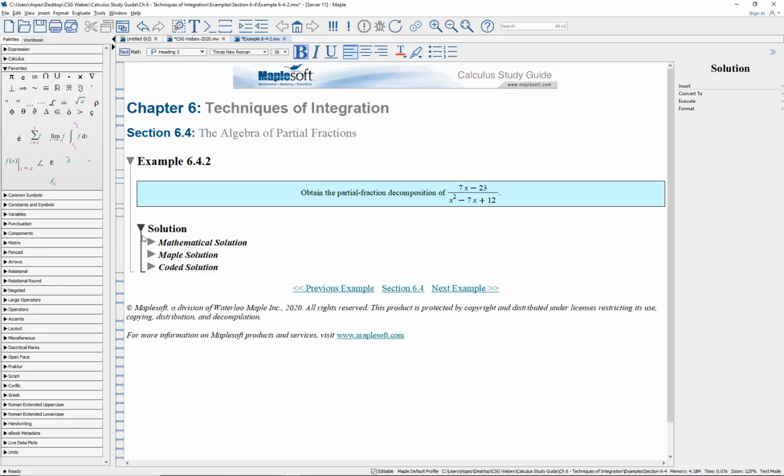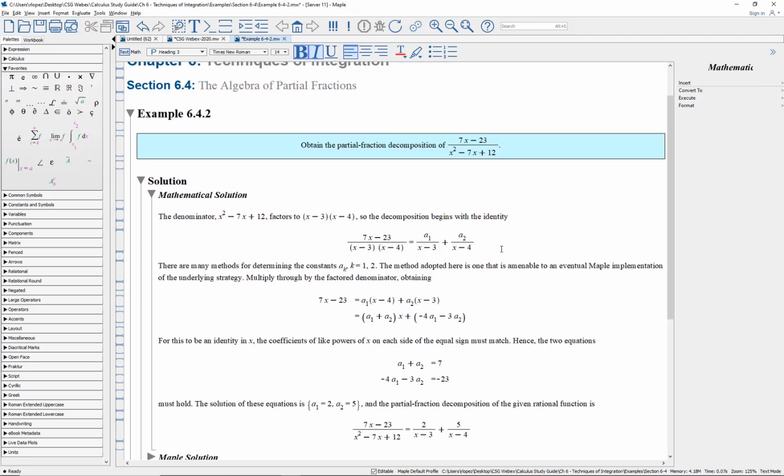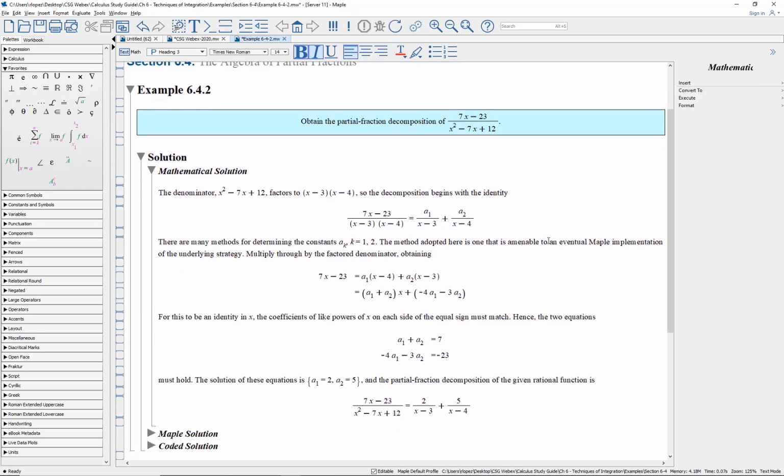So for this rational function that we've chosen, a mathematical solution independent of Maple shows the rational function set equal to its template fraction decomposition. I like to use the method where you multiply through by the common denominator, you get some cancellation, but you end up with an equation that you can assemble so that you match coefficients.